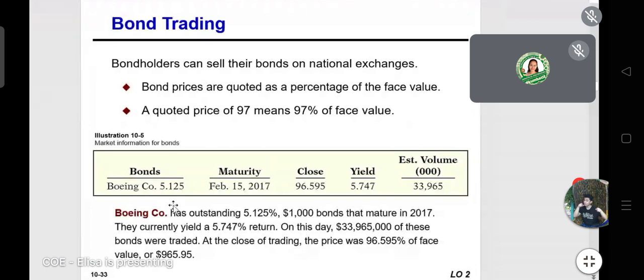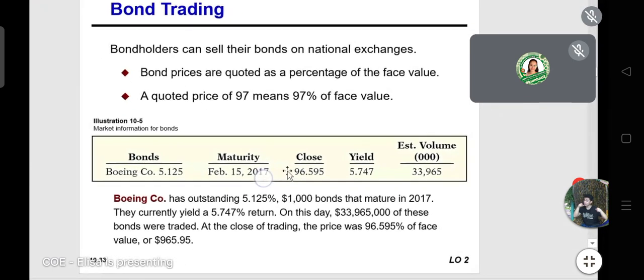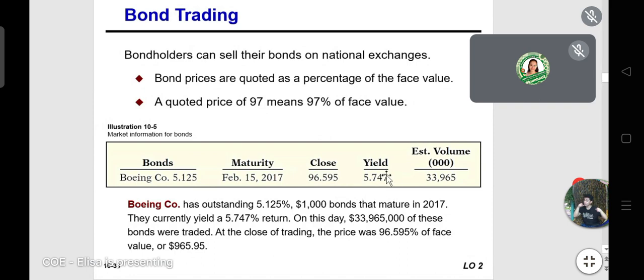So example here, this is ang issuer, ang Boeing, then ang iyang 5.125 ni ang iyang contractual rate. And then maturity is February 15, 2017, and then close is at 96.597. Ang yield niya is 5.747.